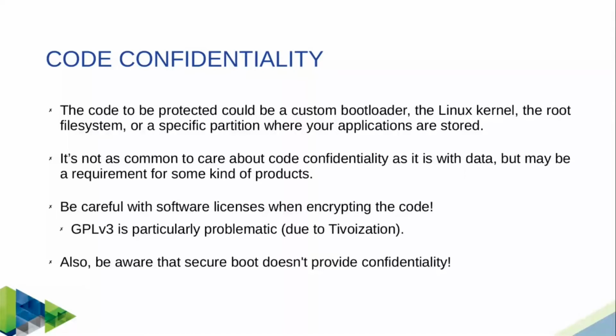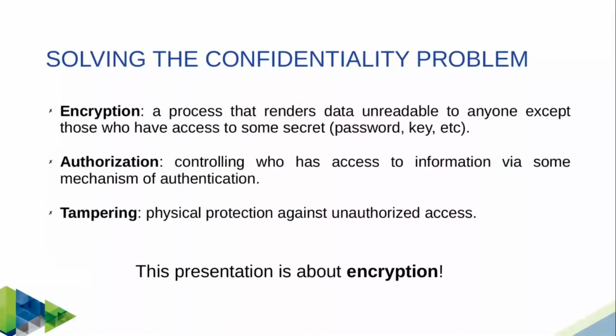How can we solve this confidentiality problem? Encryption is one way. So you encrypt data in a way that's not readable, and that's it. But there are other ways to solve this problem. Another way is authorization. So you want to control who has access to the data, for example. You can implement an authentication mechanism in the device, so only the authorized person can access that data.